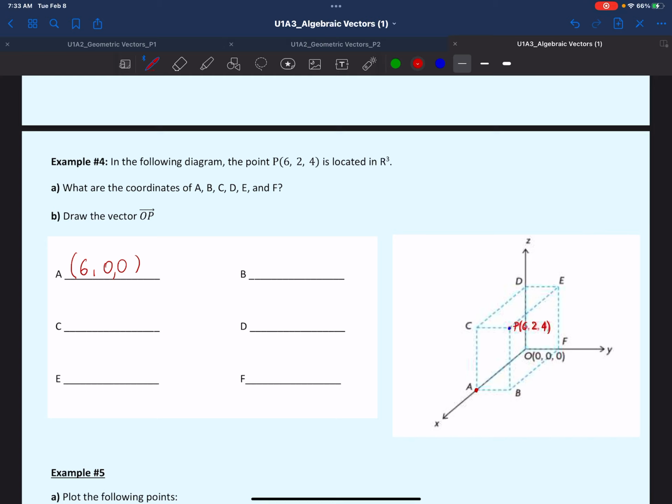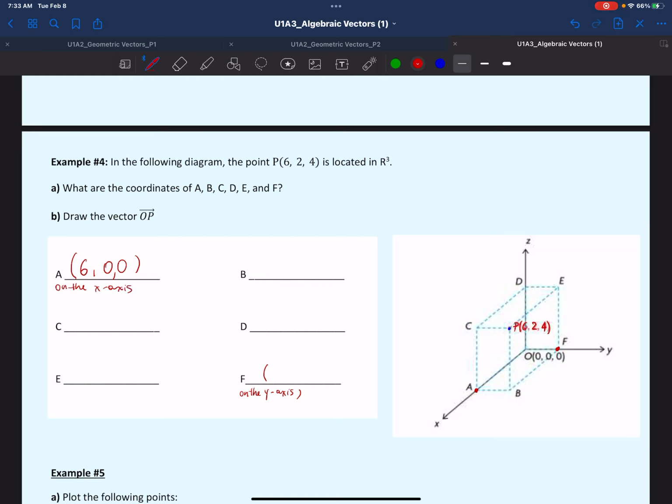Let's take a look at the other intercept. So point F is on the y-axis. So since point F is on the y-axis, I'm going to write this down here. And this was on the x-axis.